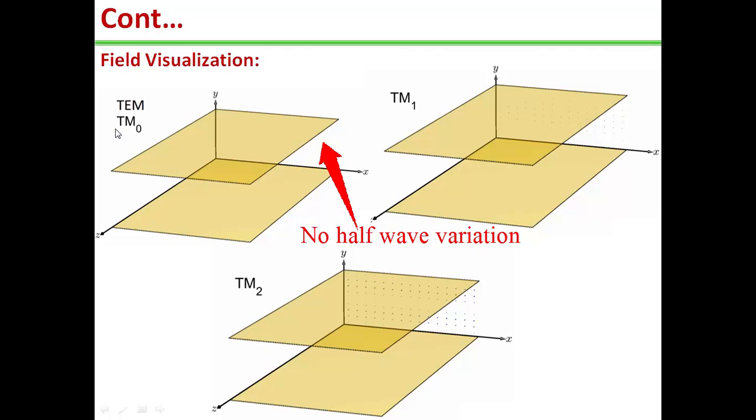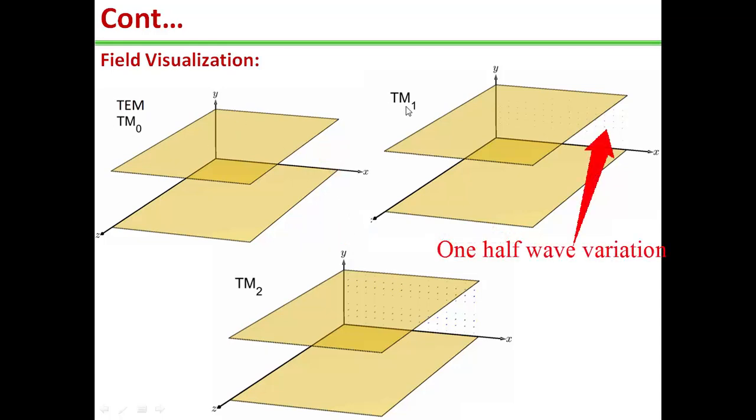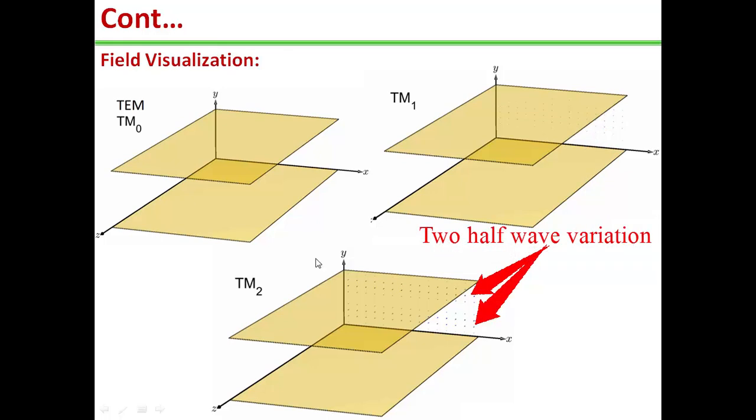So in the TM0 or you can say TEM mode, there will be no variation in the half wave along the z direction, but still this mode exists in the case of the parallel plate waveguide. When you see the TM1 mode, you can see a half wave variation appearing between the plates, whereas in the case of the TM2 mode, two half wave variations arise between the parallel plates.